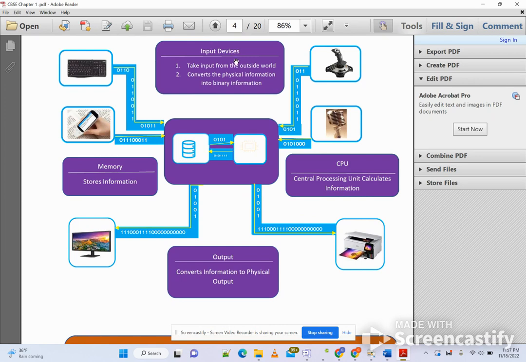Input devices perform two tasks. They take input from the outside world, and they help my brain, the CPU, central processing unit, to understand the physical information coming from your world as my language, which is called machine language or binary language.